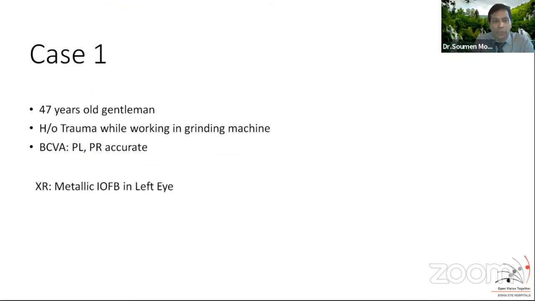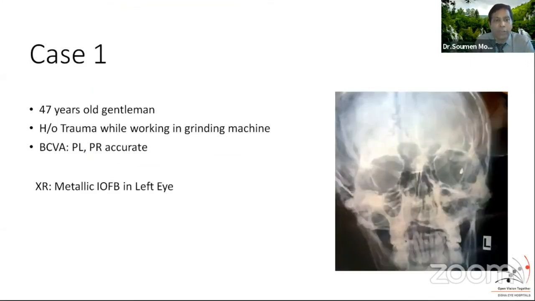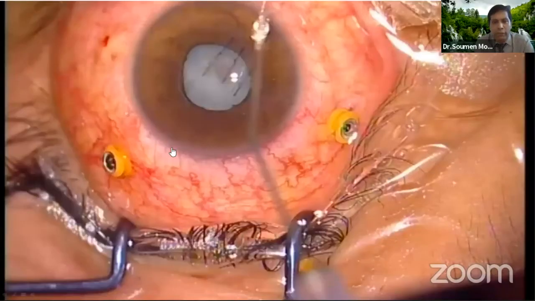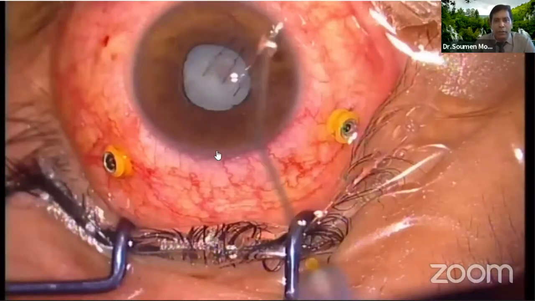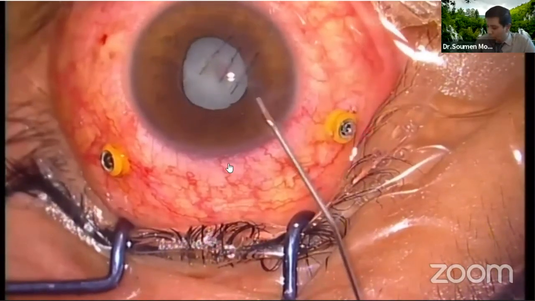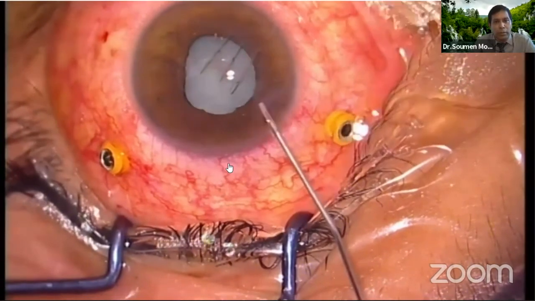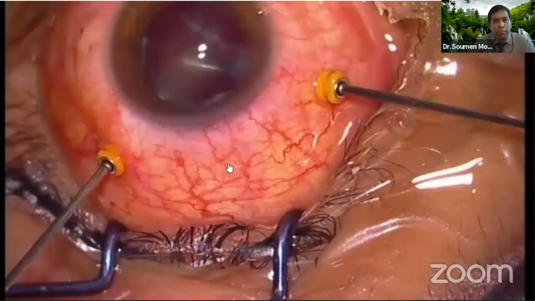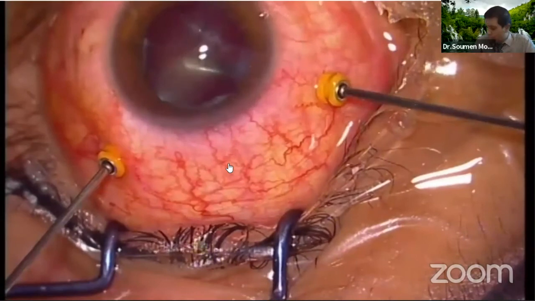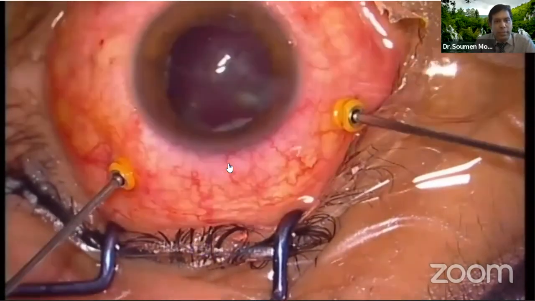He had a trauma while working on the grinding machine, and the X-ray showed a metallic foreign body. As we can see, there's cataract, so a thorough lensectomy is done.